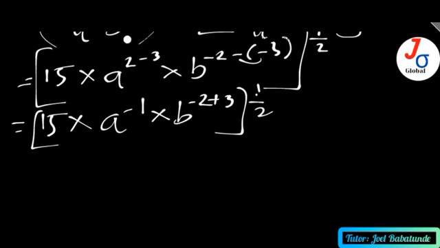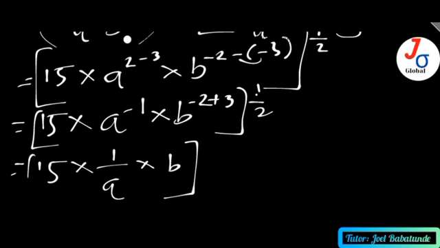So we have 15 multiplied by 1 over a, that's a to the power of minus 1, then times b to the power of minus 2 plus 3, and 3 minus 2 is 1, so b, all raised to the power of half.